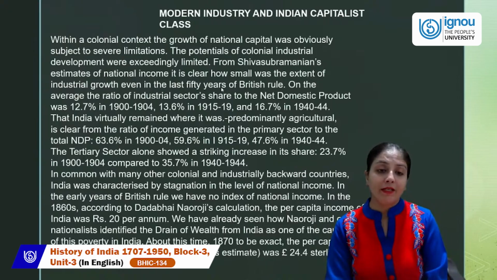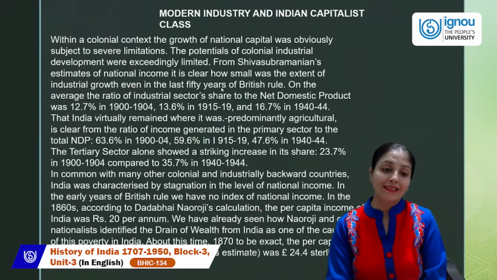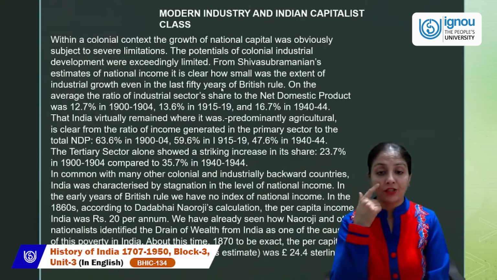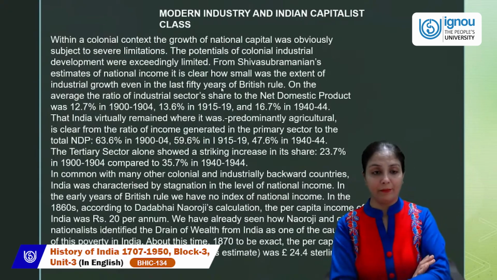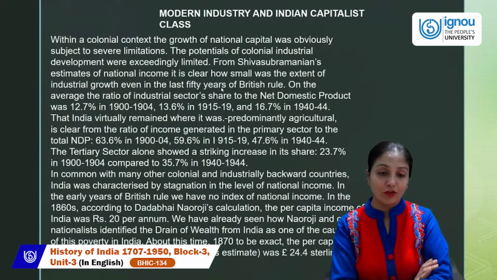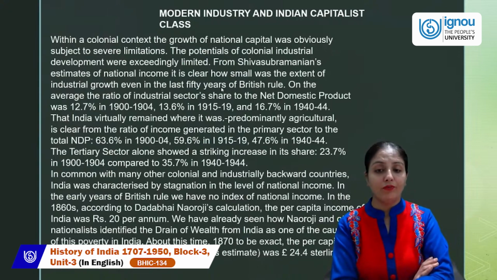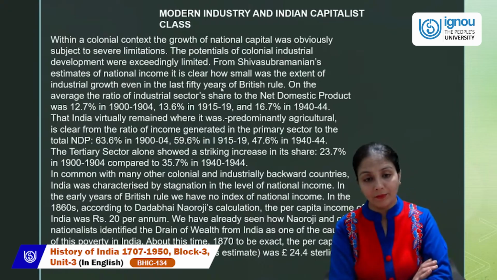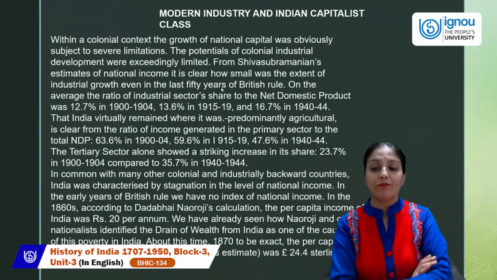In common with many other colonial and industrially backward countries, India was characterized by stagnation in the level of national income. In the early years of British rule, we have no index of national income. No, we have skipped one line.